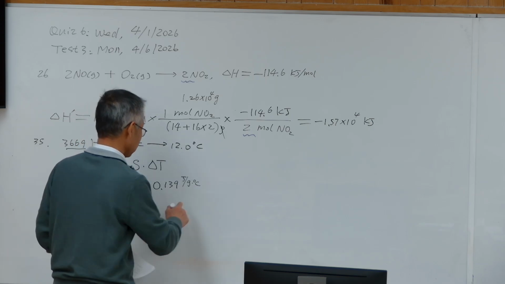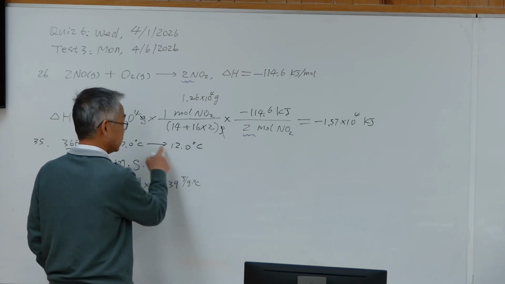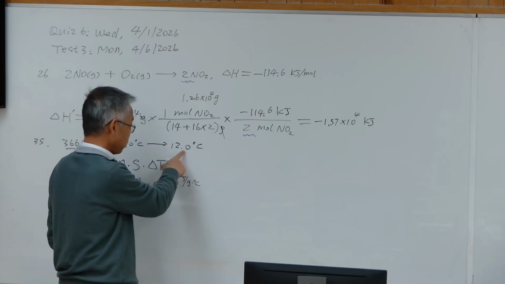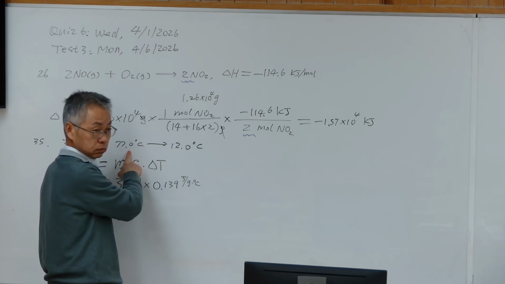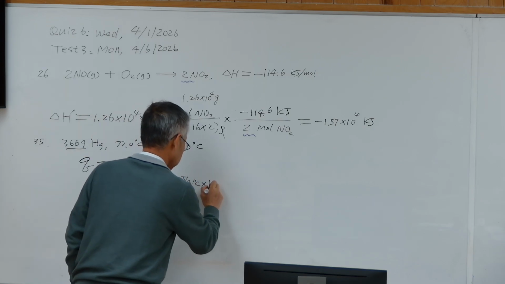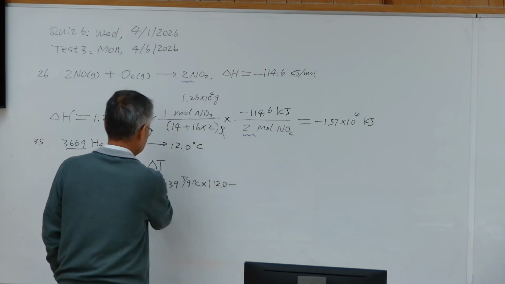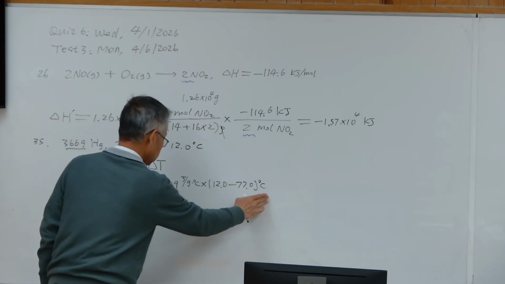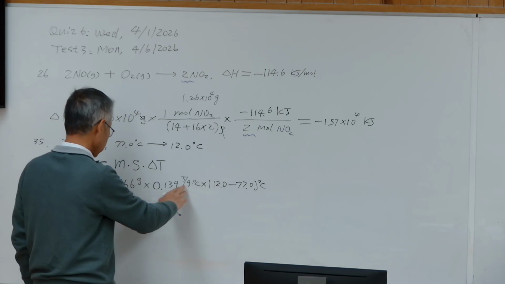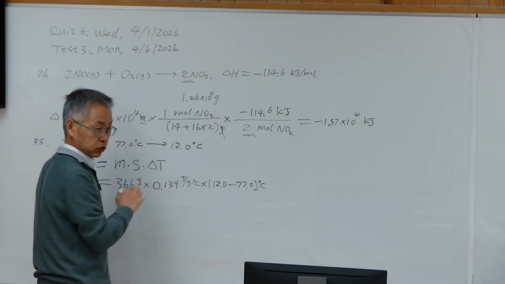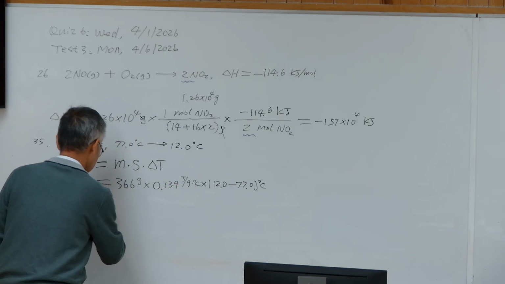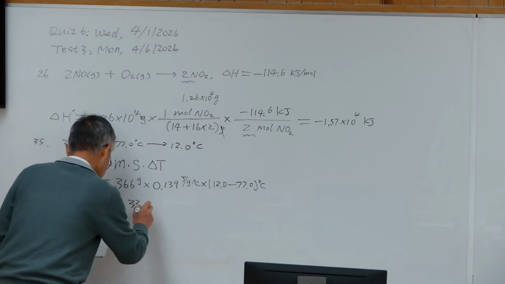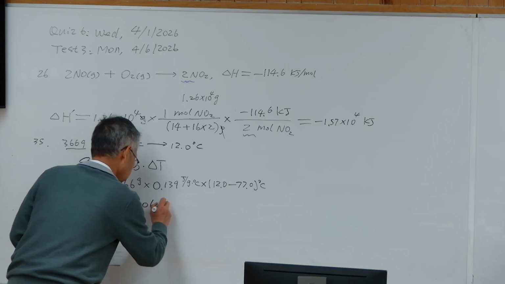The actual temperature change is the difference, and any change is always final minus initial. So 12 is final and 77 is the initial. The Celsius degree cancels, the gram cancels, and joules are left over. Using your calculator, you can easily get negative 3306.8 joules.